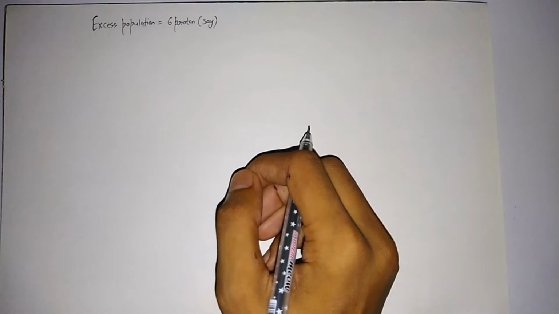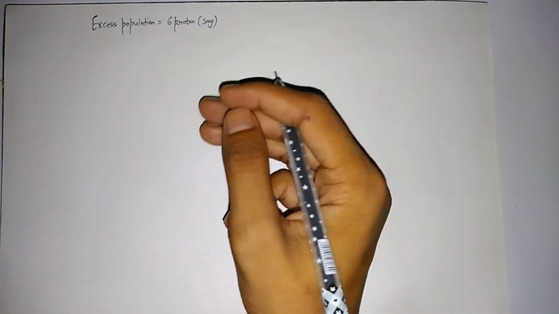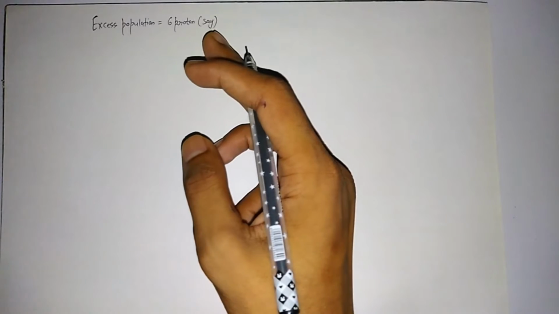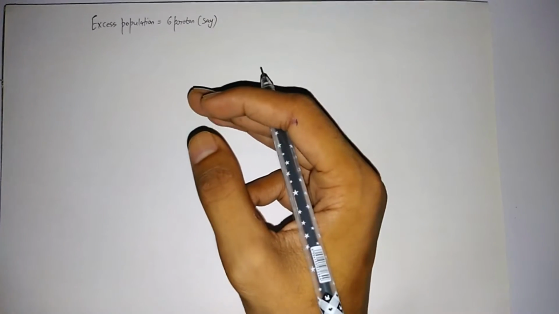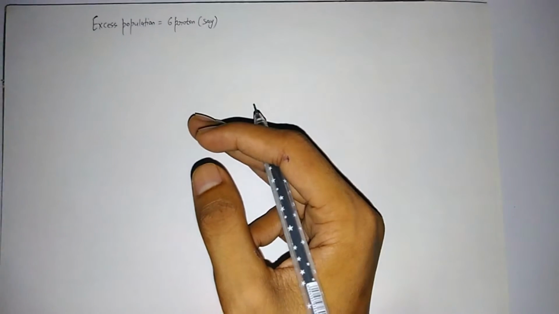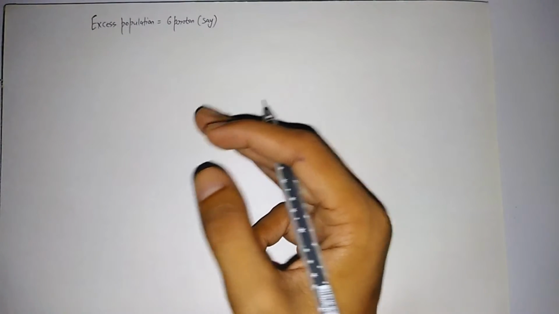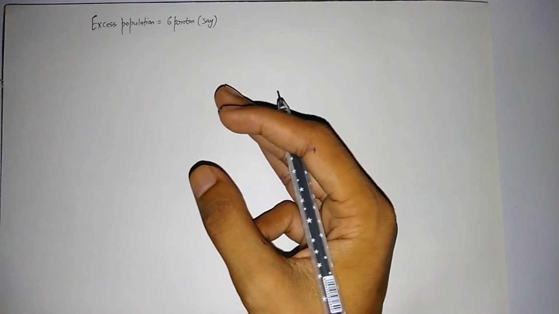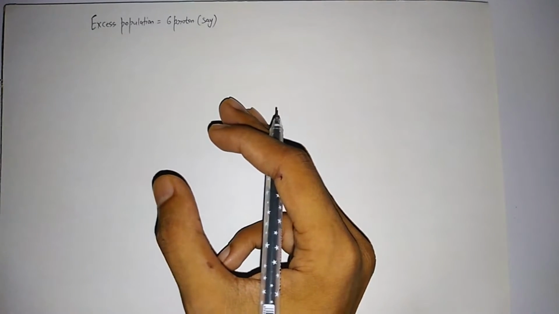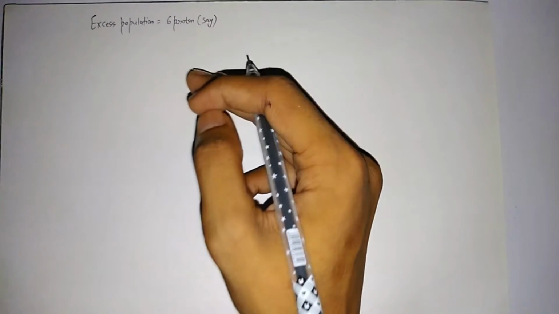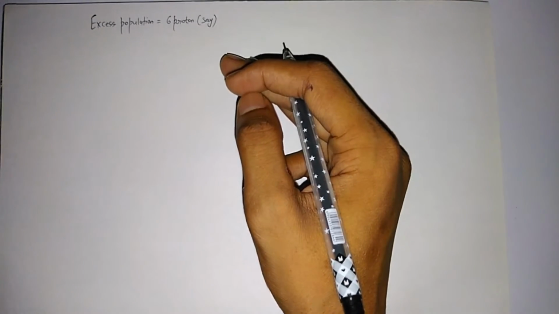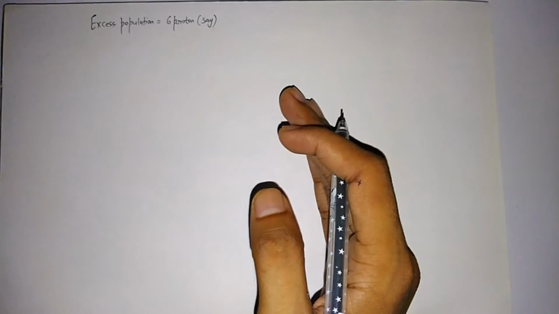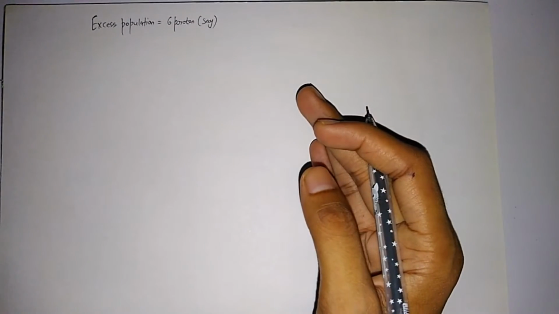When you expose your compound, which is already placed in the external magnetic field, to electromagnetic radiation of the radio wave type, then out of this excess population, say 6 protons in the alpha state, as soon as the frequency of the incident radio wave exactly matches the Larmor precession frequency of the proton, nuclear magnetic resonance will occur for that particular type of proton, and it will flip its spin from the alpha to the beta state. When it returns from the beta to the alpha state, it emits some electromagnetic radiation, which is detected by the detector and gives the corresponding NMR signal.